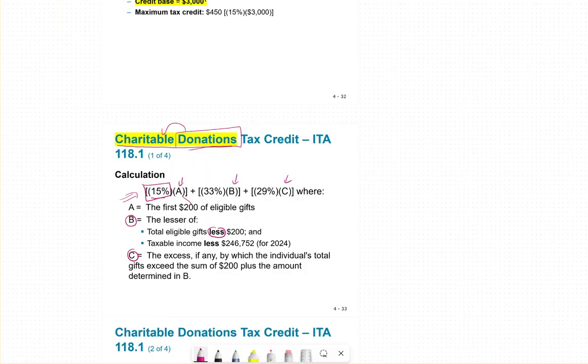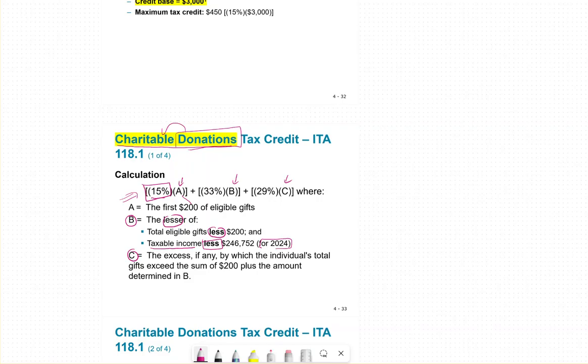Every year our donation limit changes. So whatever your taxable income is minus your 246,752, this is the number that is given to us. So what we do is we take the lesser of those two.